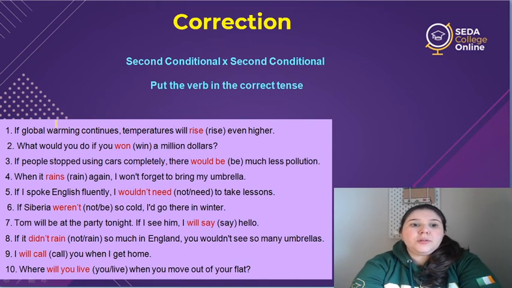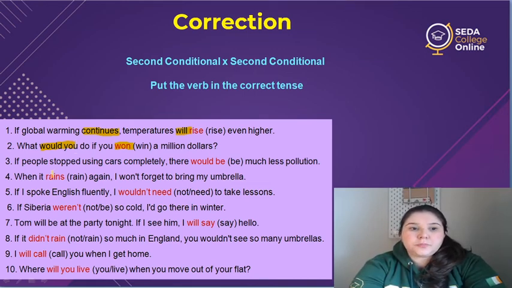1. If global warming continues, so continues is present simple, temperatures will rise even higher. First conditional. 2. What would you do if you won $1 million? So what would you is hypothetical, something not likely to be true.